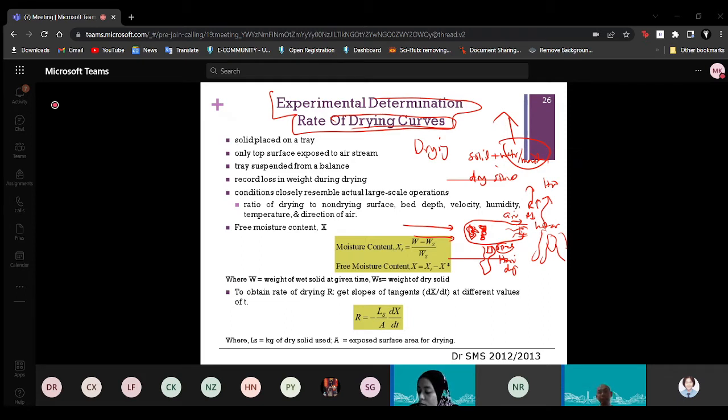In industrial applications, most of the time we involve water removal, normally moisture. We cannot remove a lot of water using drying. We can do that, but it will take a very long time.